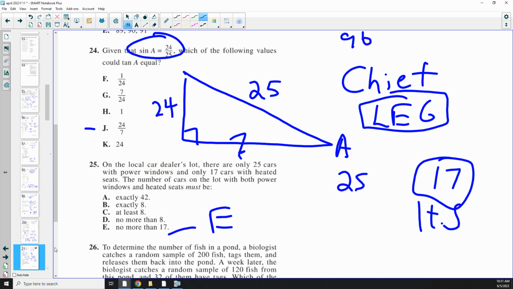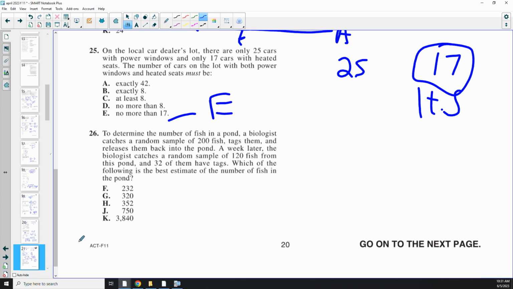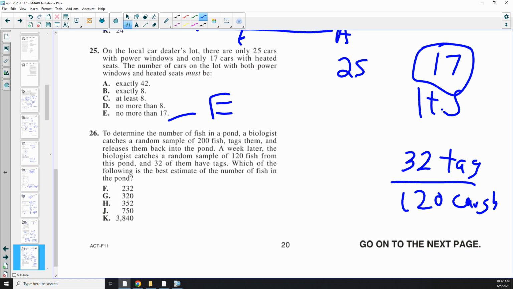This is kind of a repeat too, of a ratio proportion. A biologist catches 200 fish, tags them, and releases them into the pond. And then he catches 120, and 32 have tags. So 32 are tagged out of the 120 that he caught, right?